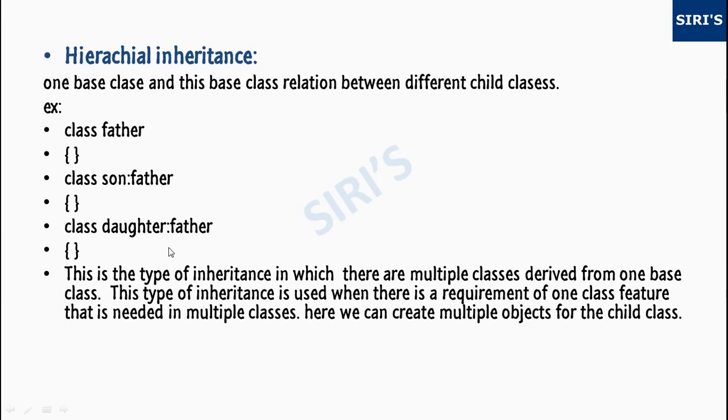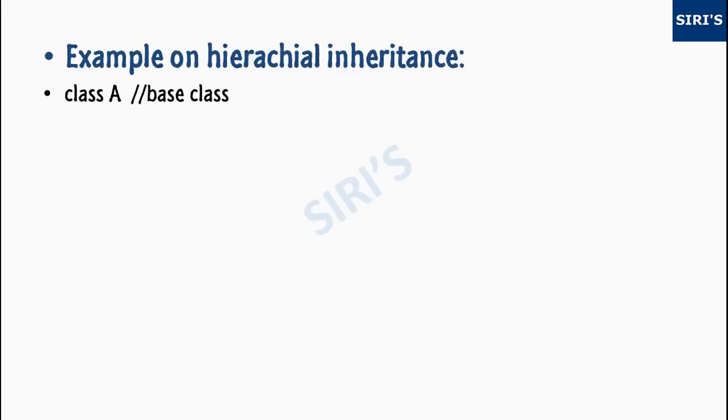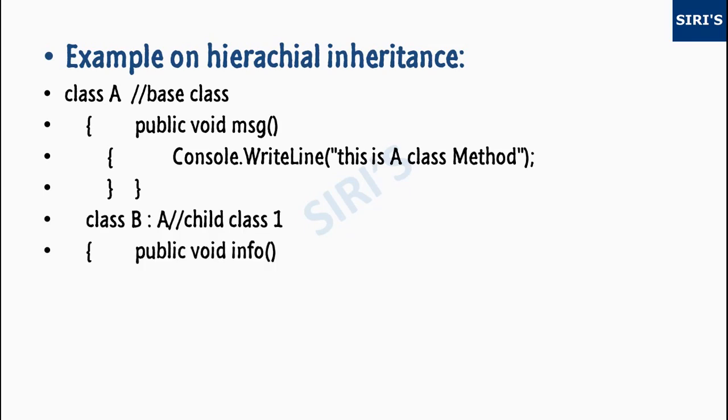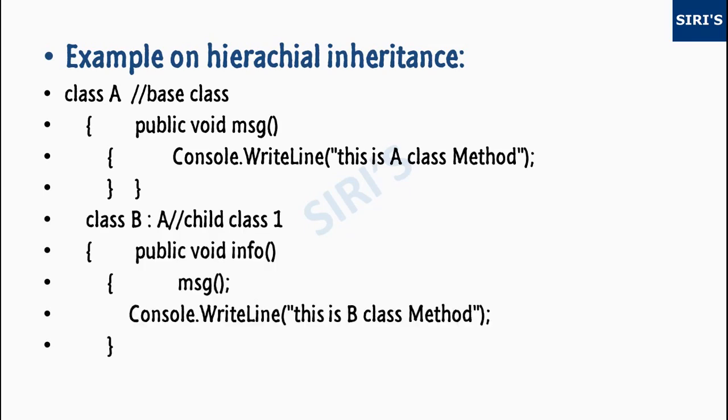This is the type of inheritance in which there are multiple classes derived from one base class. This type of inheritance is used when there is a requirement of one class's features being needed in multiple classes. Here we can create multiple objects for the child class. Here is an example of a hierarchical class.